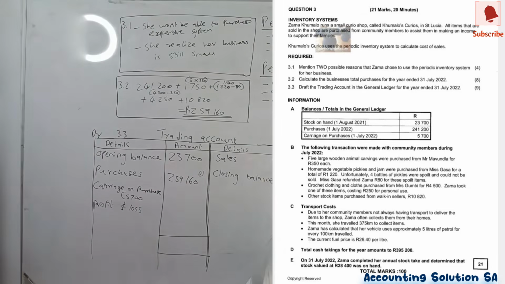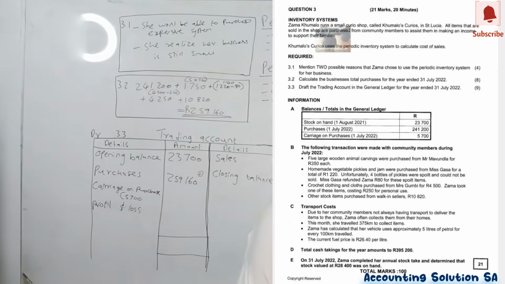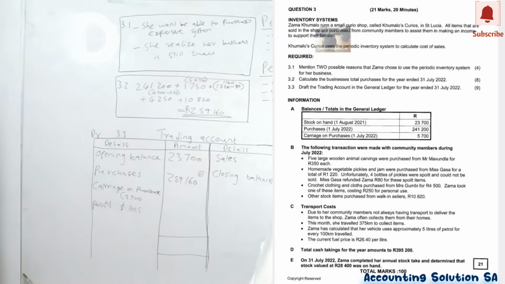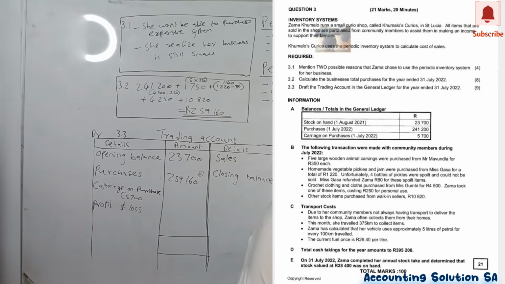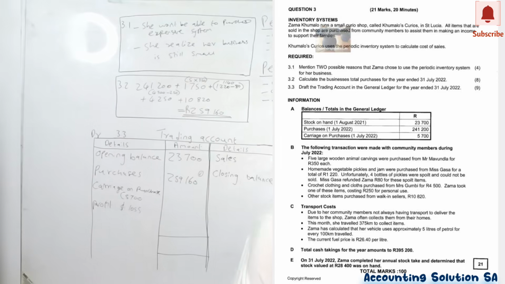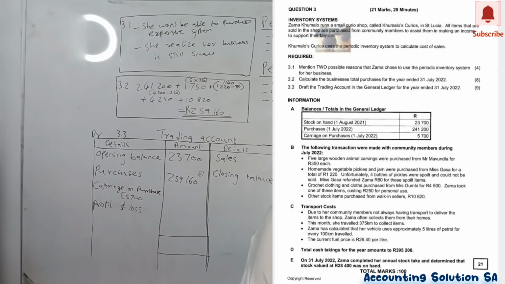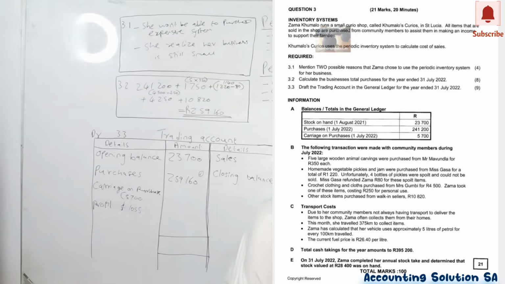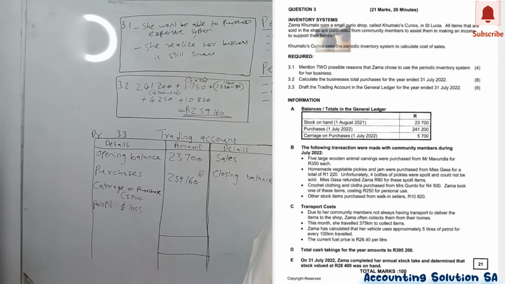Okay, so this is the information that we have to use to calculate our transport cost. So how are we going to calculate it? Firstly, we determine that she traveled 375 kilometers, and she used 5 liters for every 100 kilometers. So this is how we are going to calculate it.